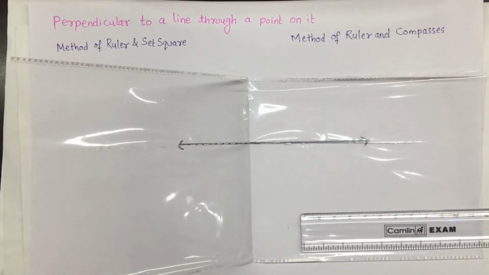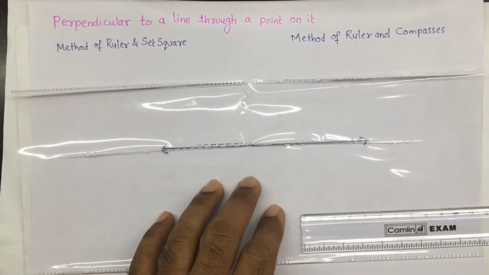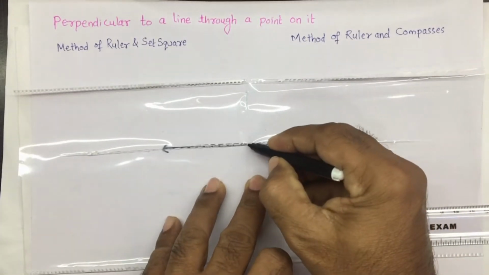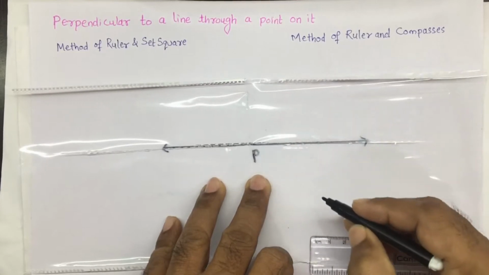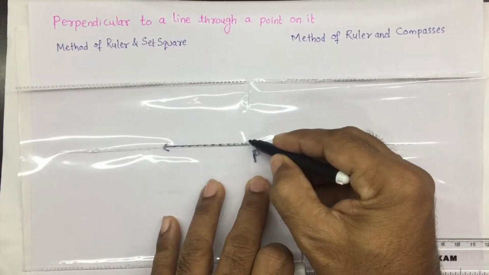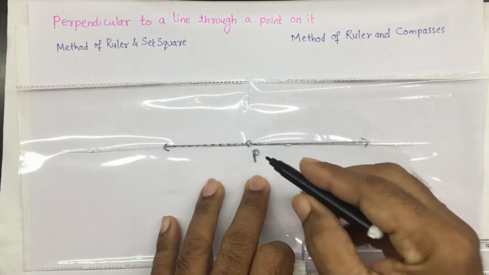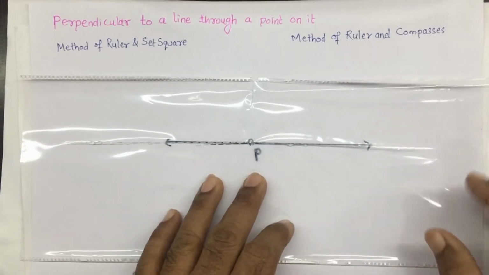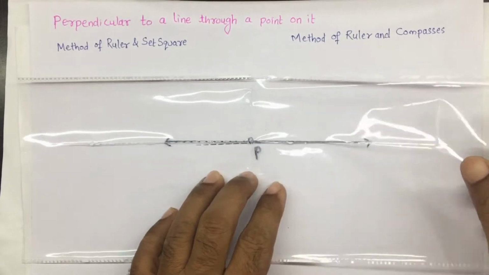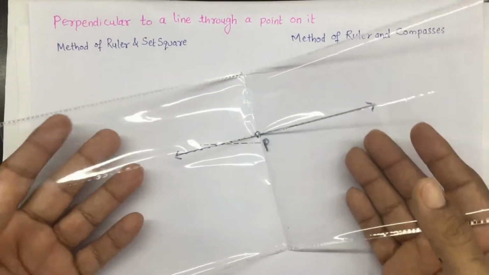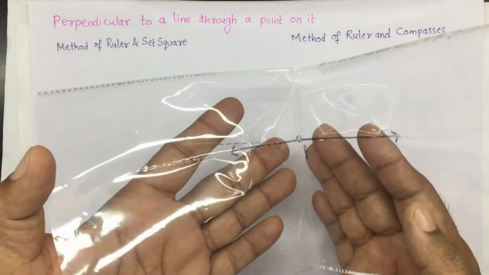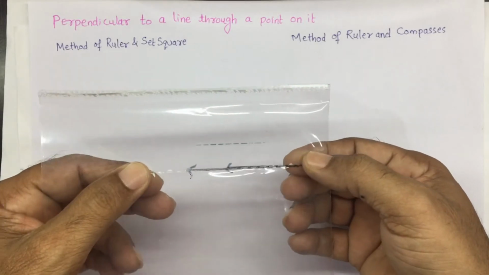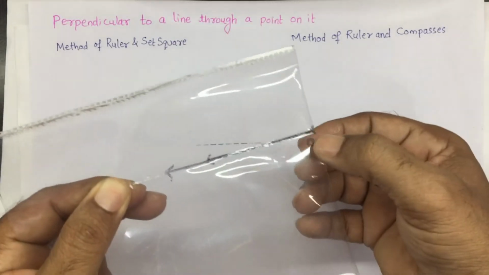Perpendicular to a line through a point on it. We have a line L here, and on this line we have a point, say the point P, and now we need to draw a perpendicular line from that point. How can we do that? It is very easy. If you take a transparent paper with this line, you can fold it so that the two parts of the line coincide, overlapping one another, and then make a crease at that particular point.